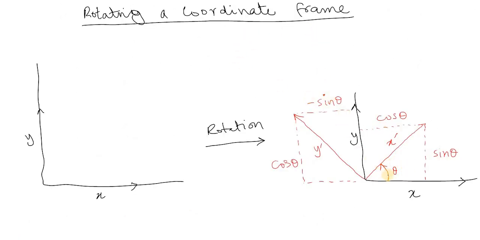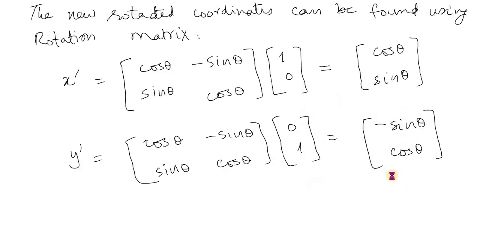You remember x bar, y bar was a rotated frame, x and y was the original frame, and theta was the angle. We simply multiplied by the rotation matrix to get the final rotated coordinates.